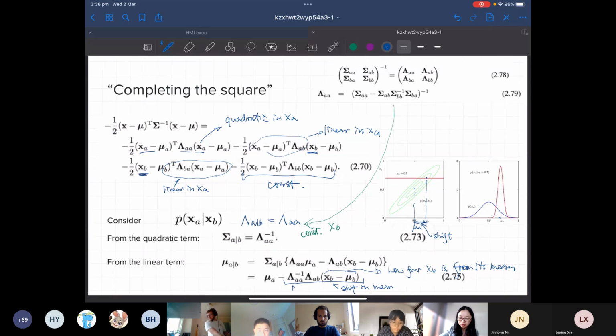So this is like the variance in A. When the variance in A is larger, the shift is larger, and it's inversely proportional to the covariance between A and B. So when B has more influence on A, the shift in mean is larger.